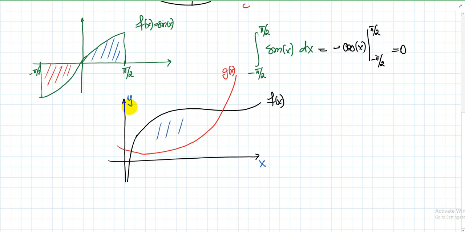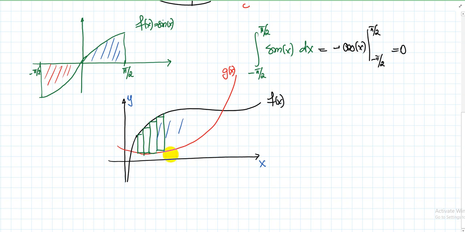So let's make the rectangles. For example, this rectangle, this rectangle, this kind of rectangle, and so on, right?